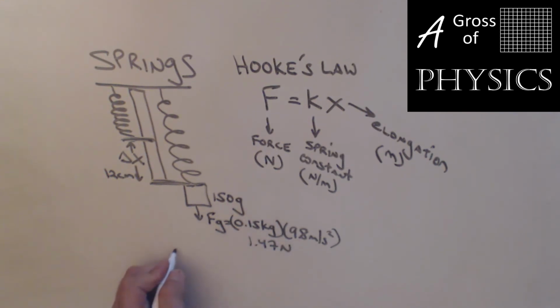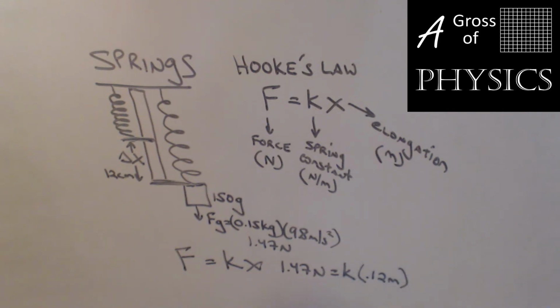That becomes the force that you're applying. The elongation is 12. 1.47 newtons equals k times the elongation. Now the 12 we have to convert, 0.12 meters. And when we divide 1.47 by 0.12, we get k to be 12.25 newtons per meter.